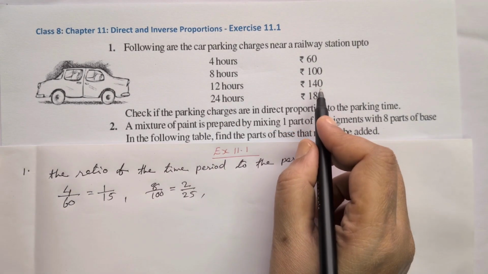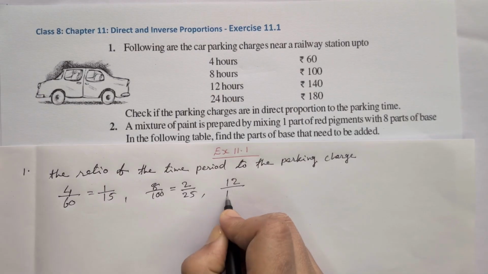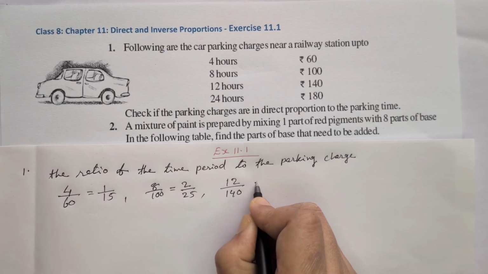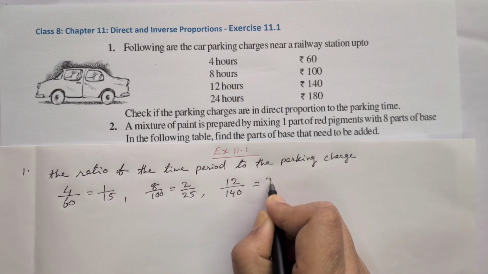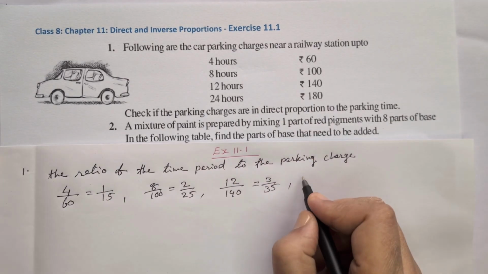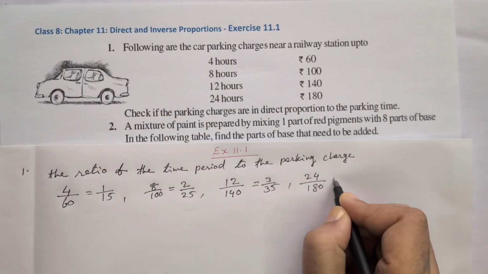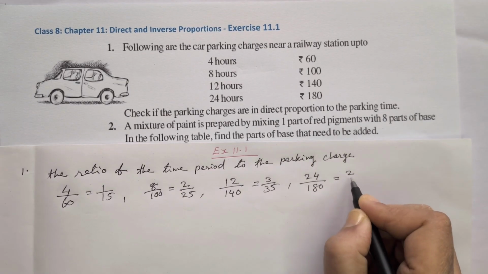Then 12 hours, 140 rupees: 12 by 140, dividing, we get 3 by 35. Then the next one, 24 hours, 180 rupees, after simplification.